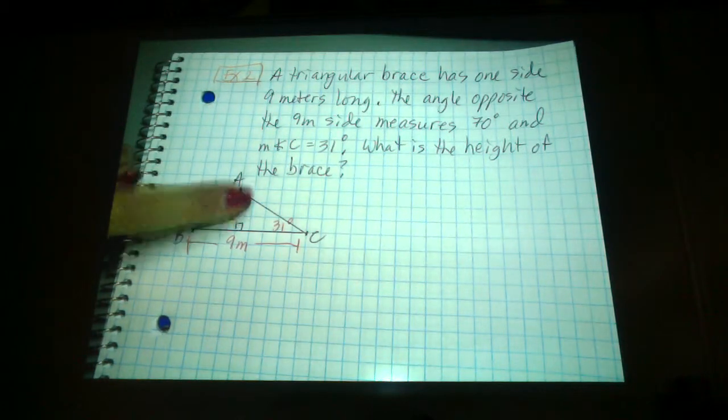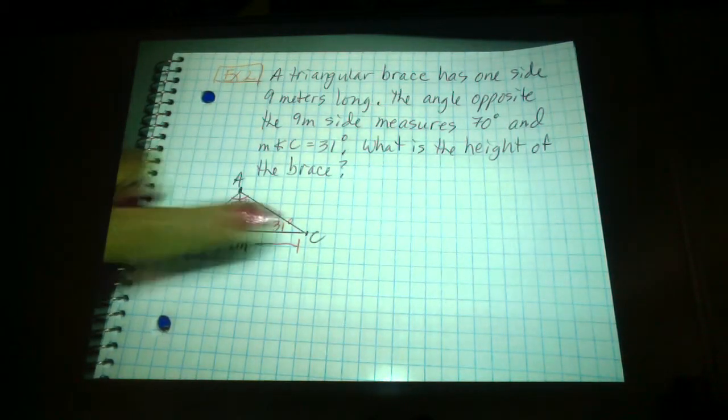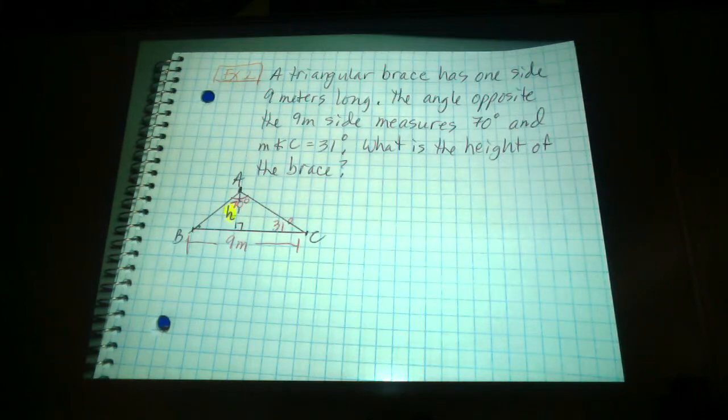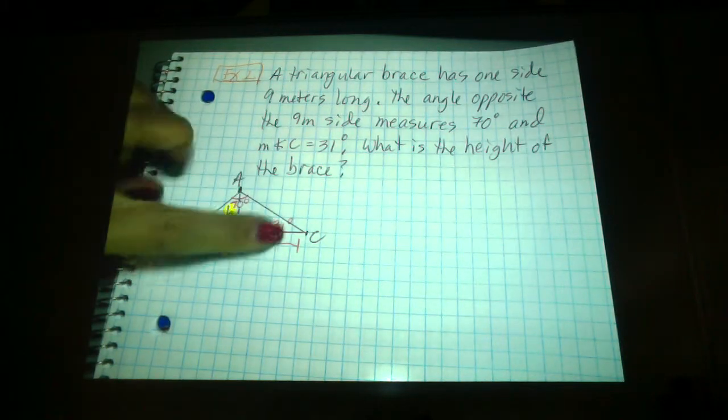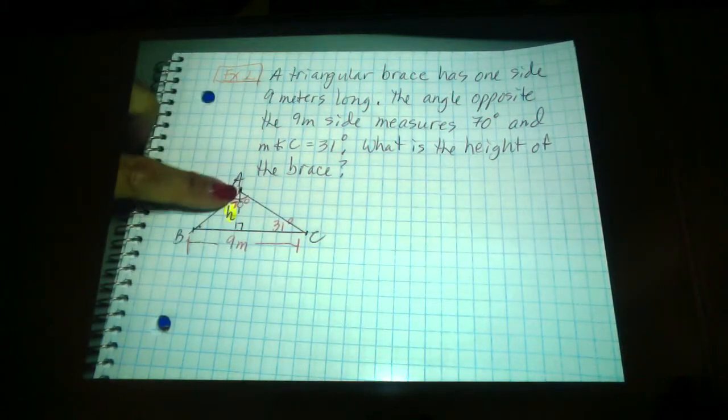I do have one angle here, which usually with trig, we can deal with one angle so long as we have one side. But I don't have any side lengths to this triangle here. All I have is this side length, and this triangle is not a right triangle.